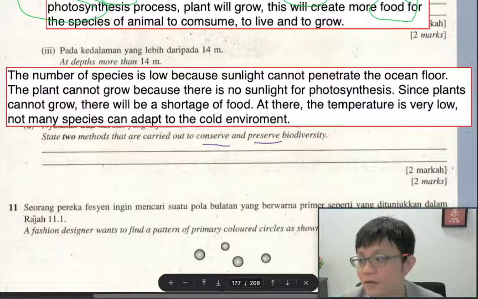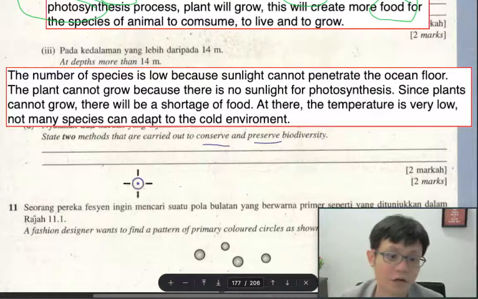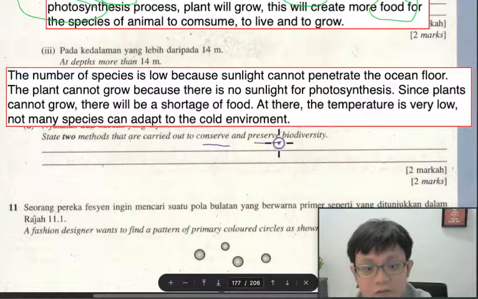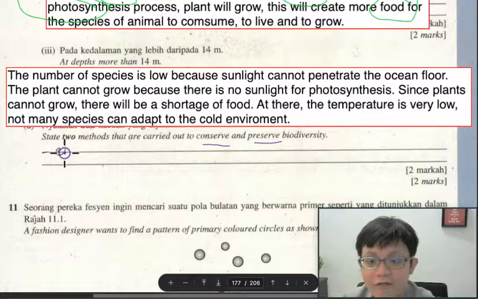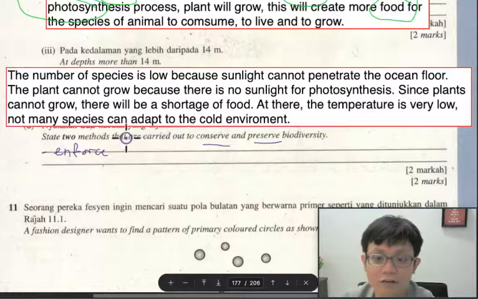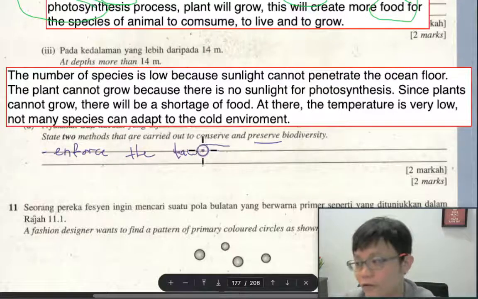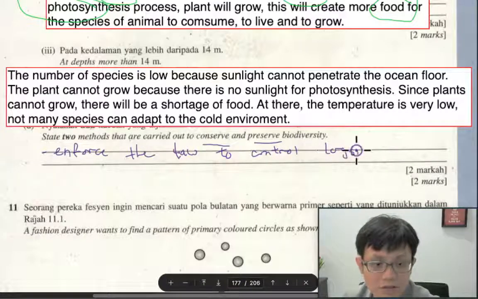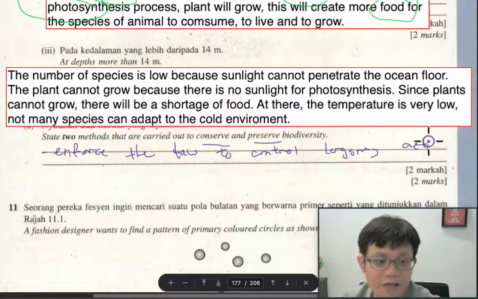Okay, very good. Menguat kuasa undang-undang. So maybe in English we call it state two ways to preserve. Okay, we can enforce the law. Menguat kuasa, enforce the law, and enforce the law to control logging activity, or to catch the bad people lah.